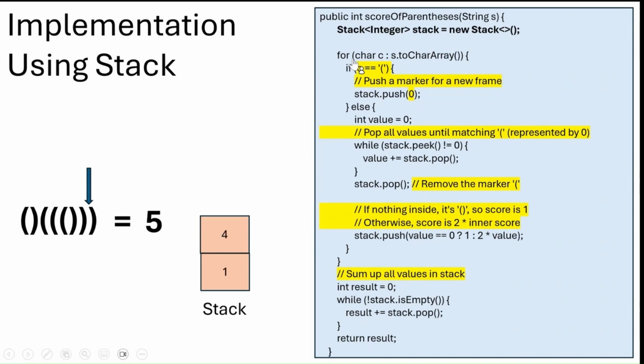Now we completed the parsing. It will come out of this for loop, and we will sum up all the values in the stack. And these values are basically nothing but the score for valid parenthesis substrings, which are combined and which give us the overall string. So which is 1 plus 4, 5. So we got the 5 as a result for this input string, and this is the implementation using a stack.